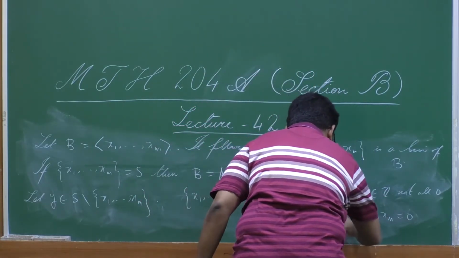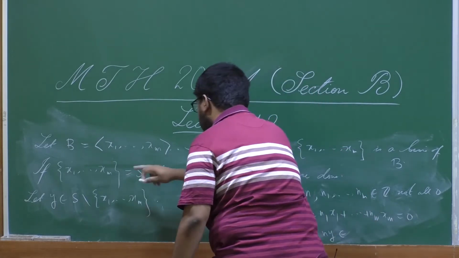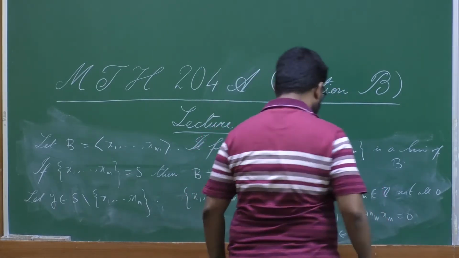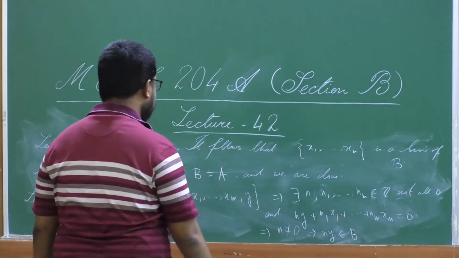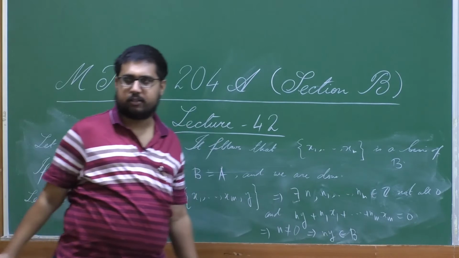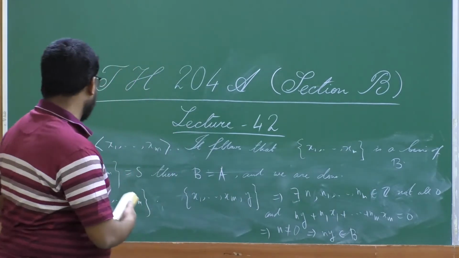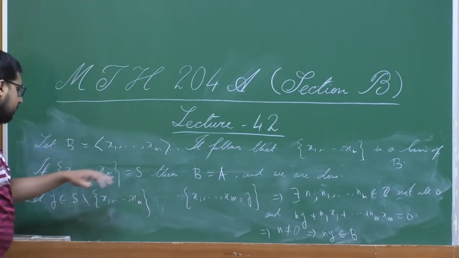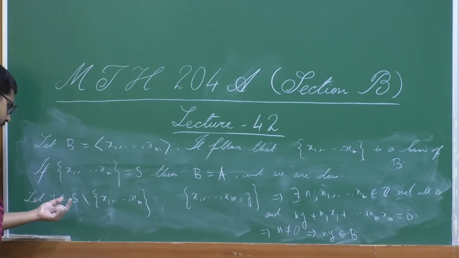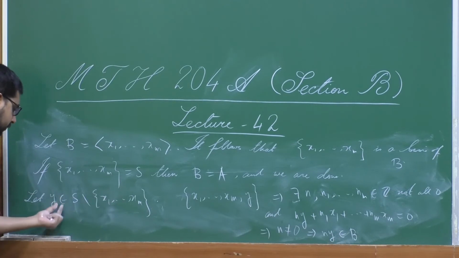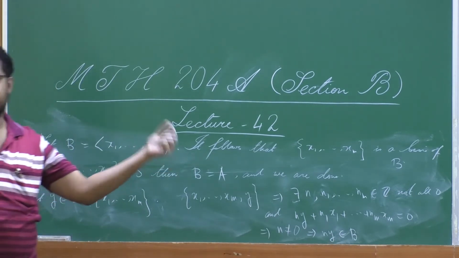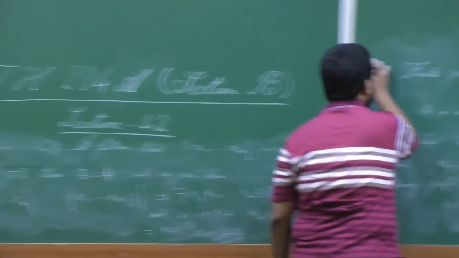That shows that ny belongs to this B. Okay. If necessary, replacing n by minus n, we can take n to be a positive integer as well. So what we have obtained is, if this is not whole of S, then for every y in S other than this, I have an n such that, so let me write it here.